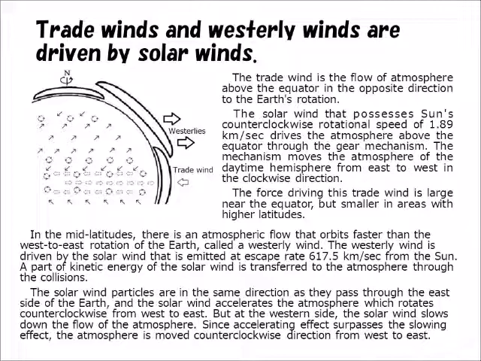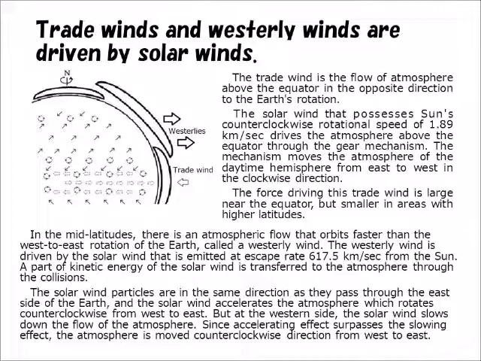In the mid-latitudes, there is an atmospheric flow that orbits faster than the west to east rotation of the Earth, called a westerly wind. The westerly wind is driven by the solar wind that is emitted at escape rate 617.5 km/sec from the Sun. A part of the kinetic energy of the solar wind is transferred to the atmosphere through collisions.